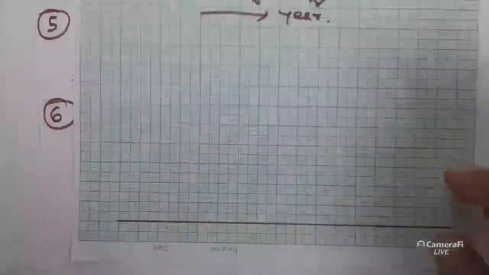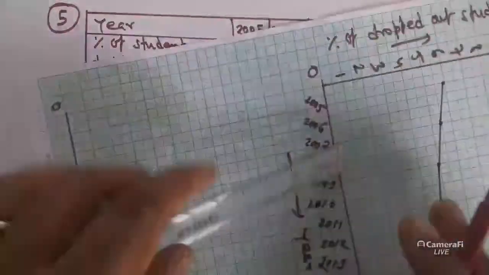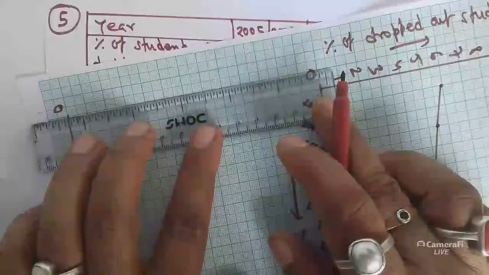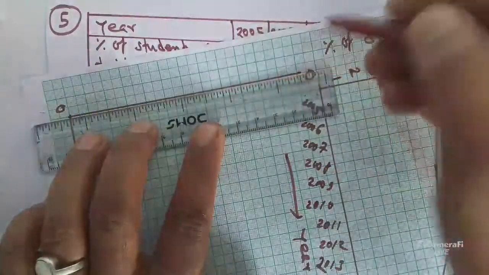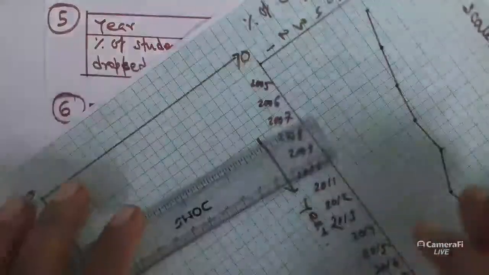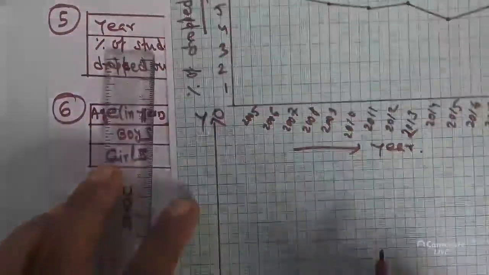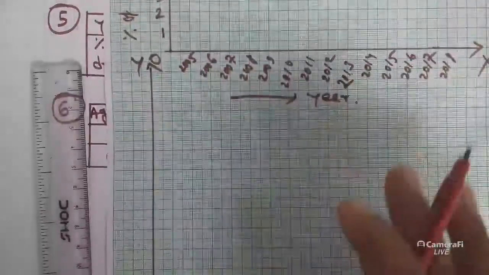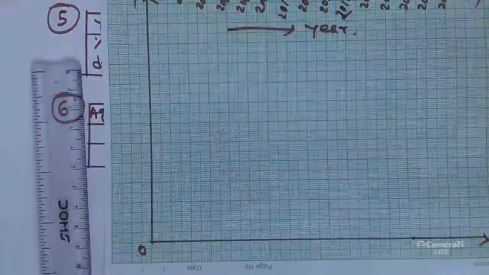So along x-axis we have to take edges. Now we have to draw y-axis. And along y-axis we have to take the percentage.